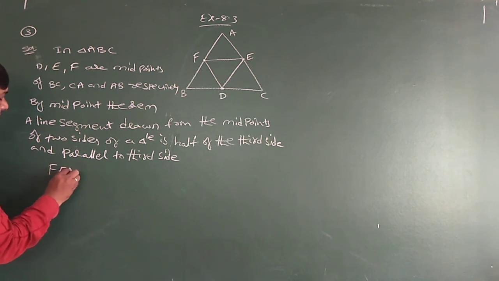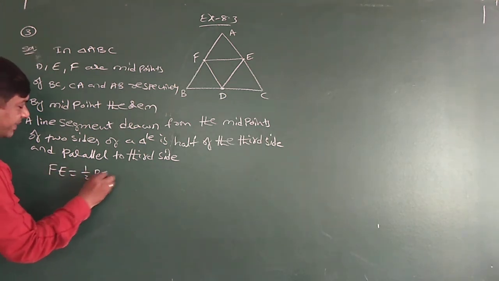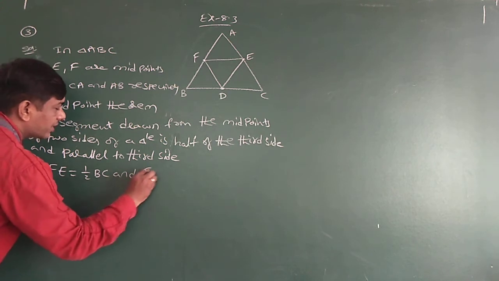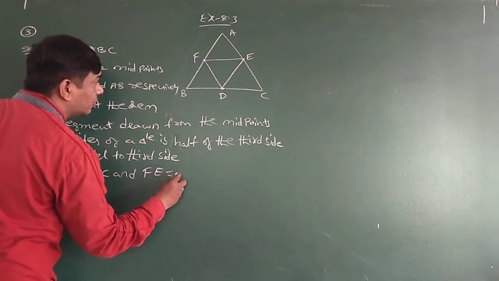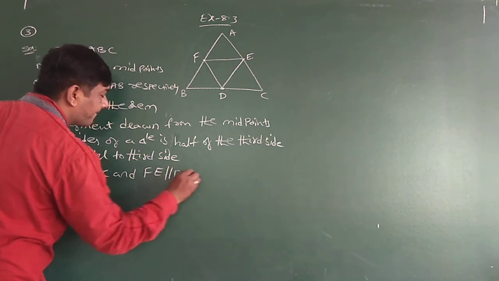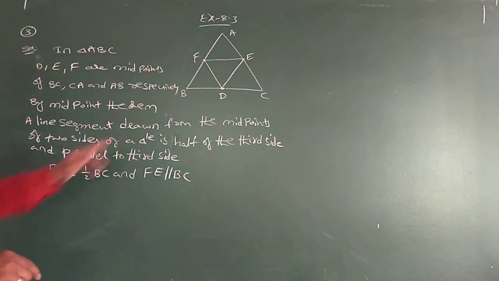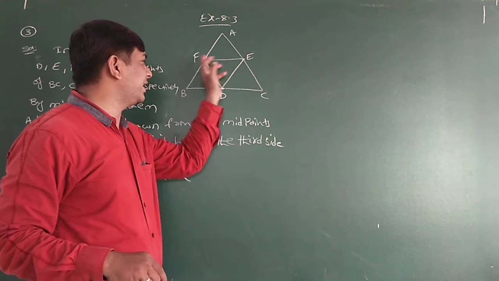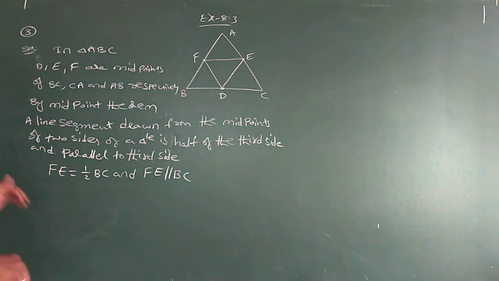So FE is half of BC and FE is parallel to BC.